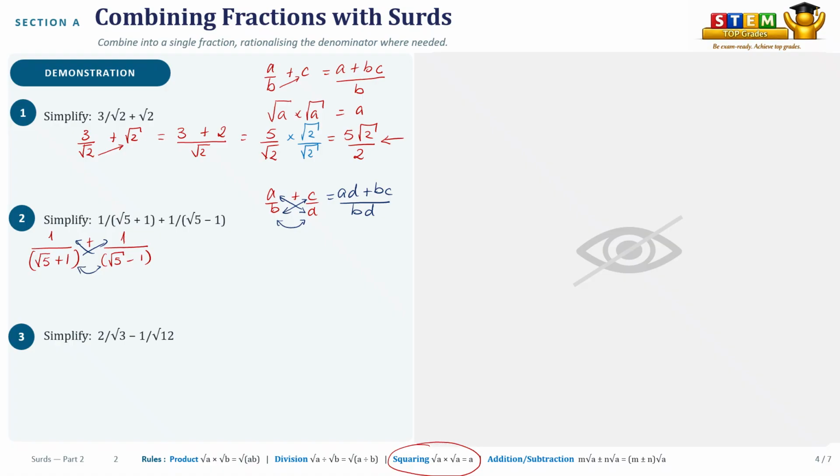First cross multiplication is root 5 minus 1 times 1, which is root 5 minus 1, plus the second cross multiplication, which is 1 times root 5 plus 1. And at the bottom, I think you remember, it's called the difference of two squares. That's the rule we're going to apply, because you've got a surd and its conjugate.